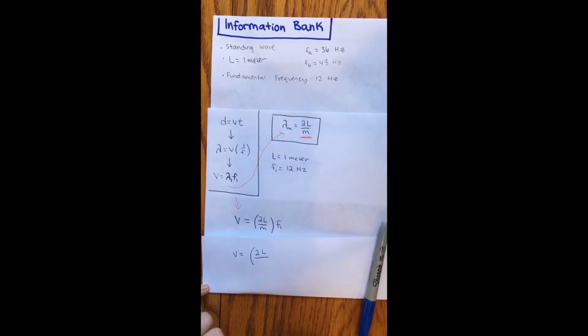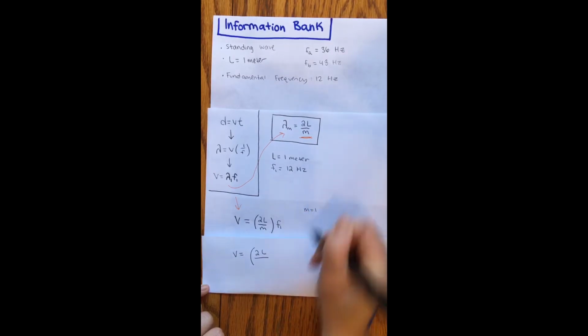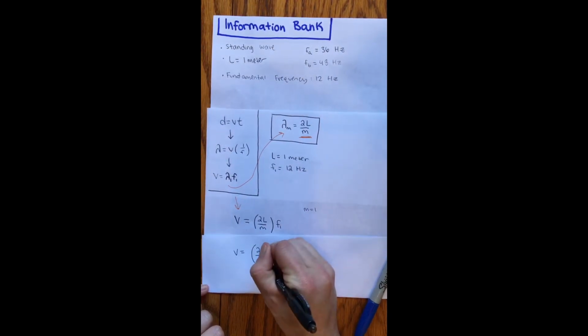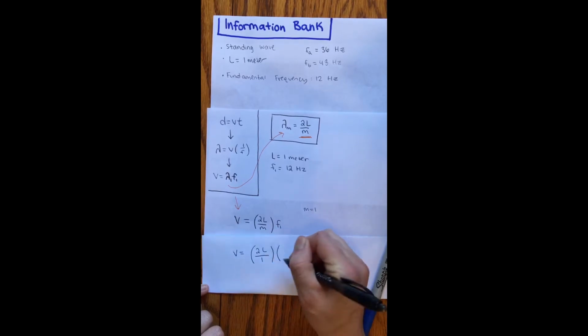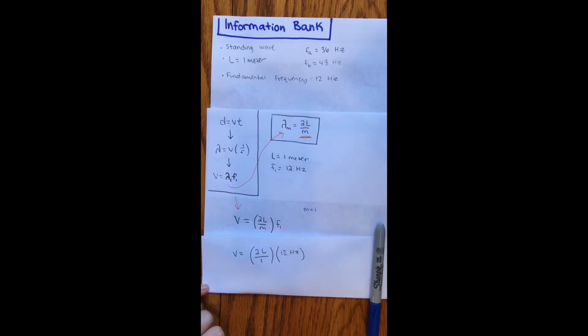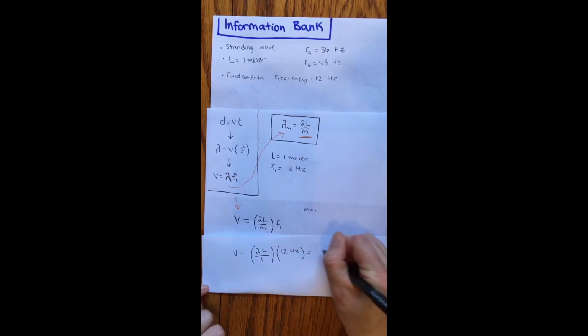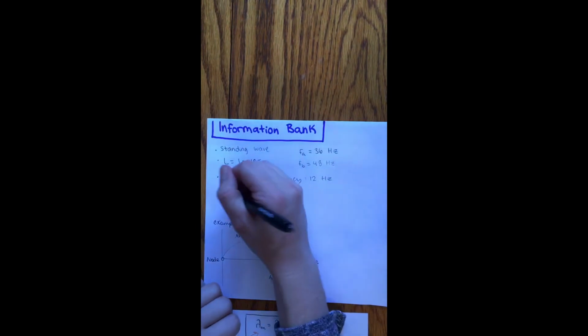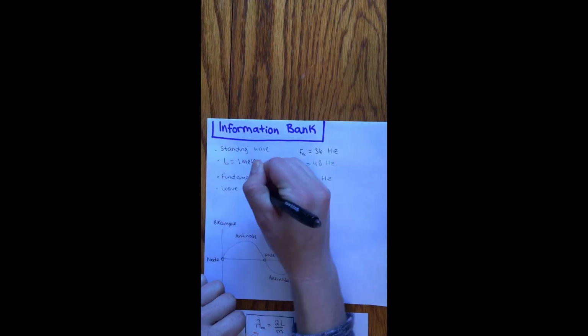And in this case for m, we're using m equals 1 because we're only interested in the first harmonic, just for simplicity's sake. And so we put 1 here, multiply by the fundamental frequency, which is 12 hertz. And that works out to be 24 meters per second. So our wave speed is equal to 24 meters per second. And that is part A.